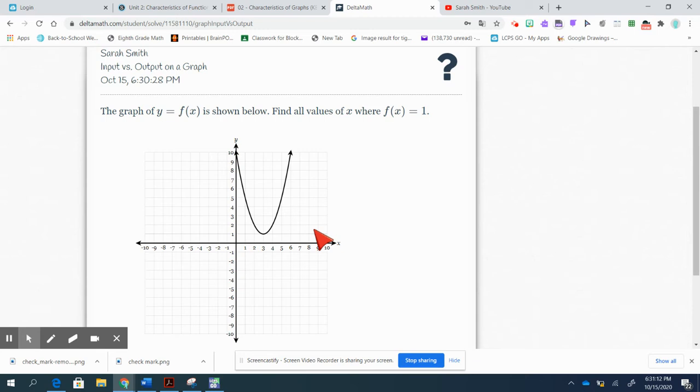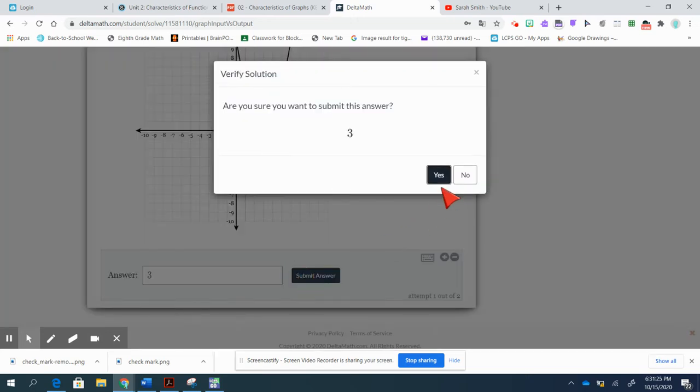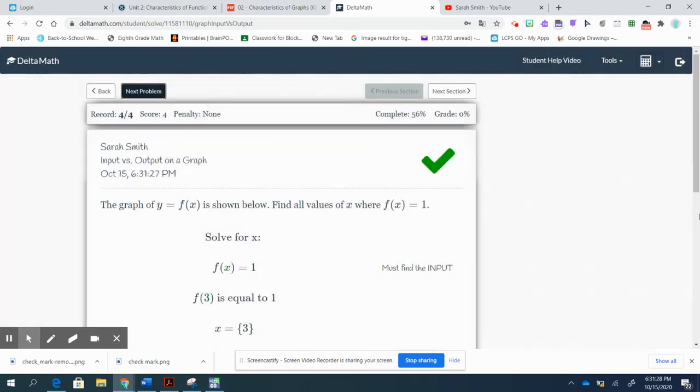And there's really nothing else along this line. So that is our only answer. So all values of x where f of x equals 1, our answer is 3. Submit. And we are correct. Okay, sometimes you will have more than one, so make sure you go all the way across the line there.